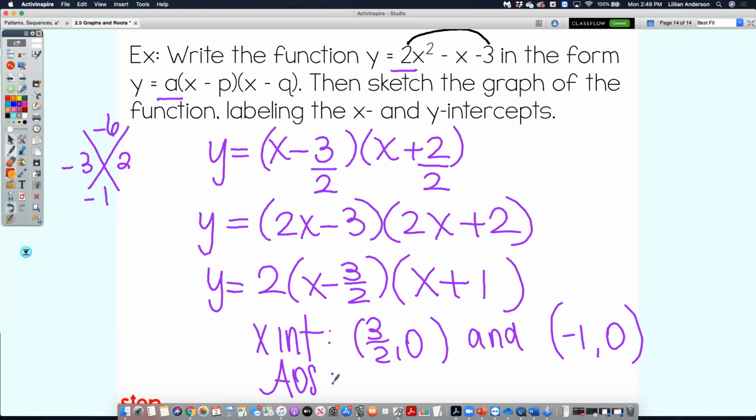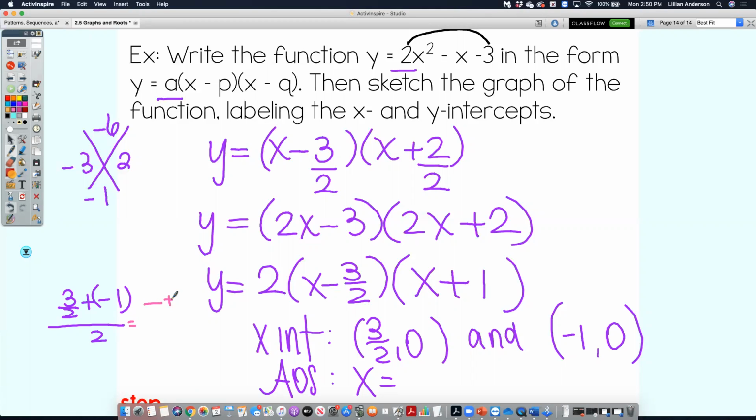My axis of symmetry is the halfway point in between them. So that's going to be 3 over 2 plus a -1, divided by 2. How do I add a fraction and a whole number together? You need a common denominator. But before I get to that divide by 2 part, how do I do 3 over 2 plus a -1?